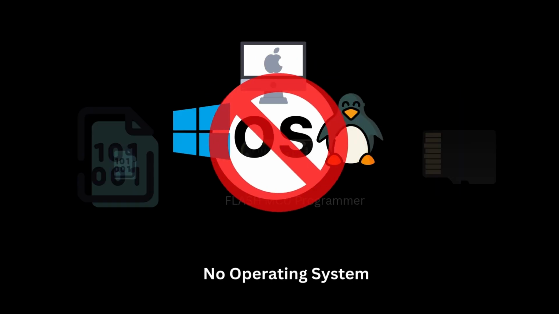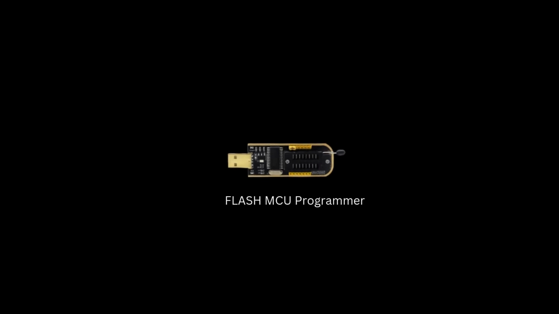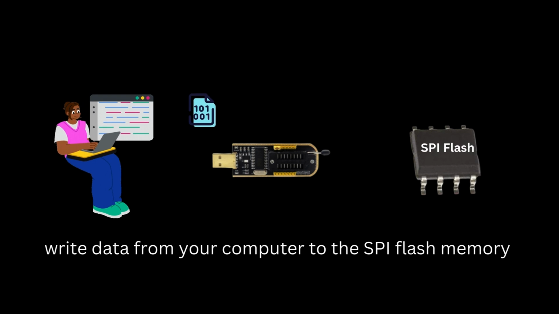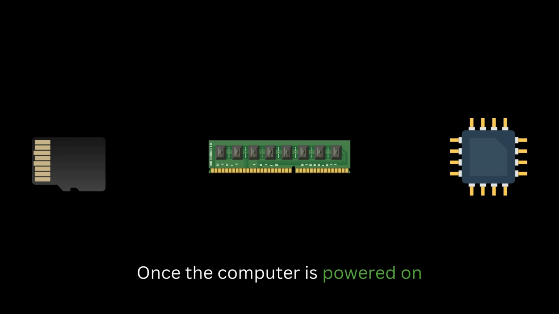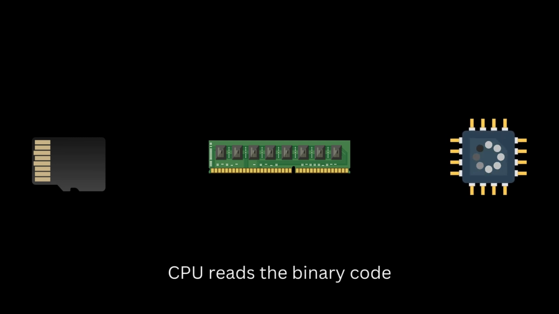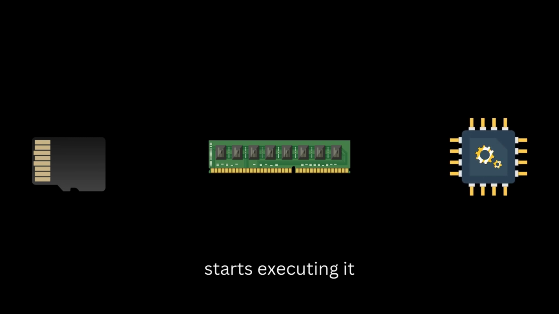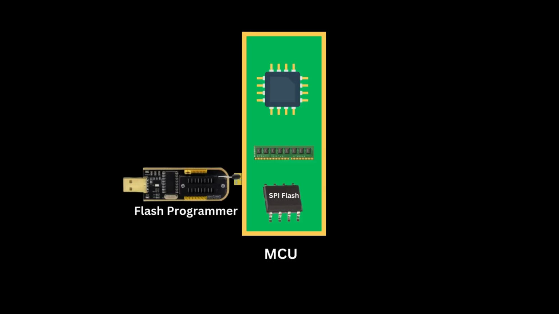Since we don't have an operating system or copy shell command yet, this device is necessary to write data from your computer to the flash memory or SD card. Once the computer is powered on, the CPU reads the binary code from the SD card into memory and starts executing it. This is how a microcontroller unit, MCU, works.